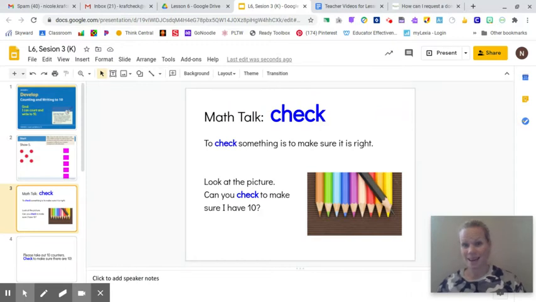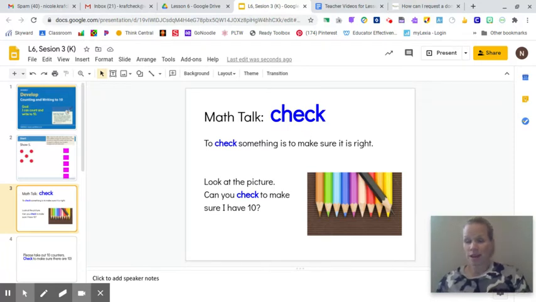All right, let's do a little math talk, okay? So sometimes we use certain words during math, and this is one that you will hear me say and your other teachers say too. Also, not only during math, but you might hear this word during other subjects too, okay? Our word today is check, okay?